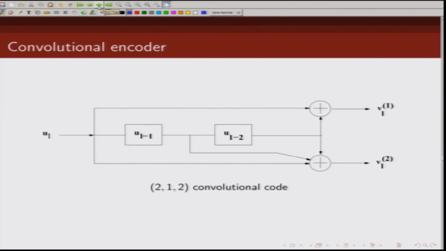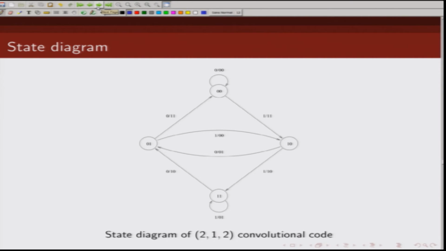We can see that V_L^1 is U_L plus U_{L-2}, and V_L^2 is nothing but U_L plus U_{L-1} plus U_{L-2}. Now, the state diagram for this convolutional encoder is given by this.